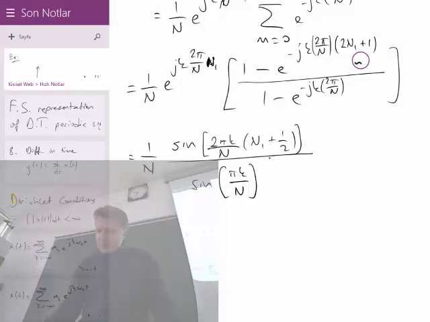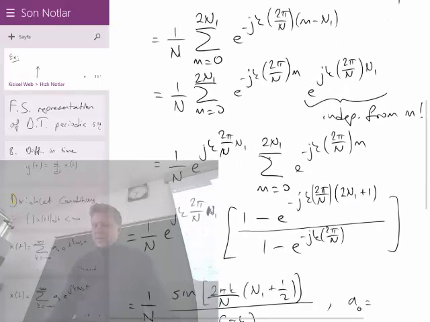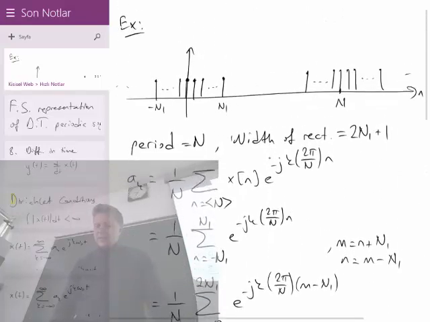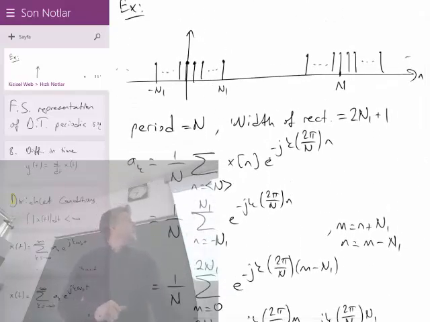And that, by the way, we can write separately, to be equal to the average DC component. The average DC component evaluation by itself is quite simple. Look at the function. How many non-zero samples are there in a period? 2 and 1 plus 1 non-zeros. And what is the average then?